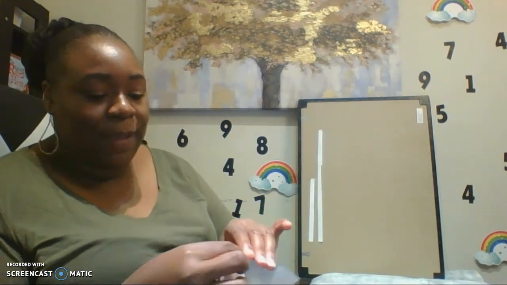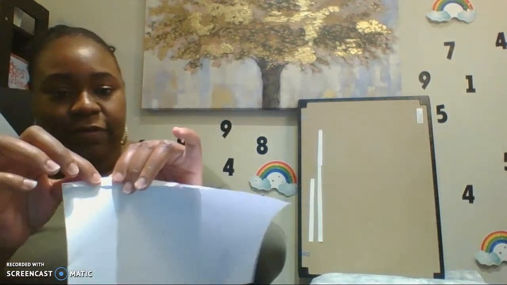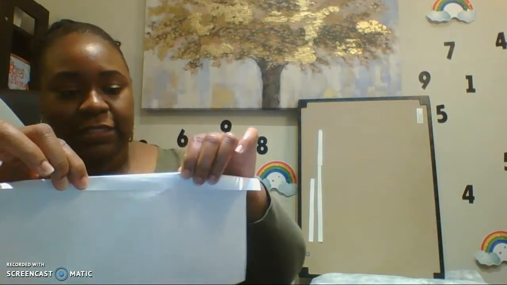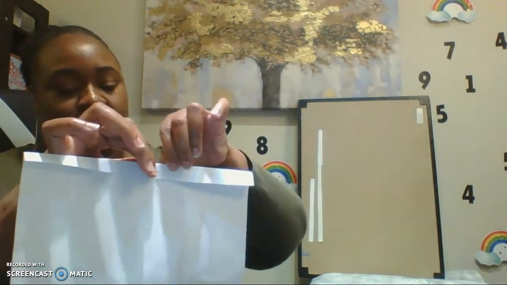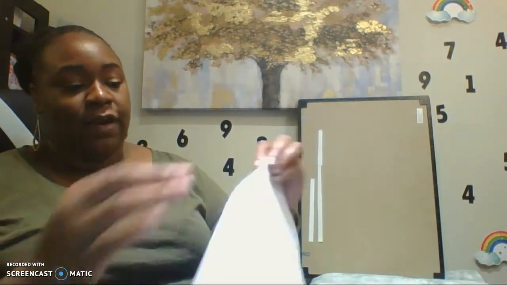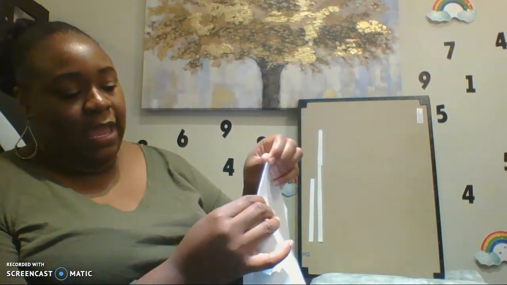And if you don't know how to cut, or say you don't have scissors, this is a way that you can tear your paper. You just fold it down like this, okay? You have to make sure that it's folded, and then you fold it again, turn it over, fold it the same way.